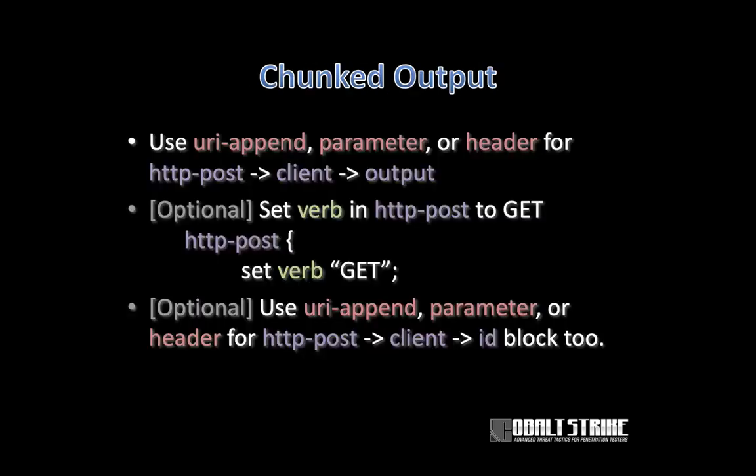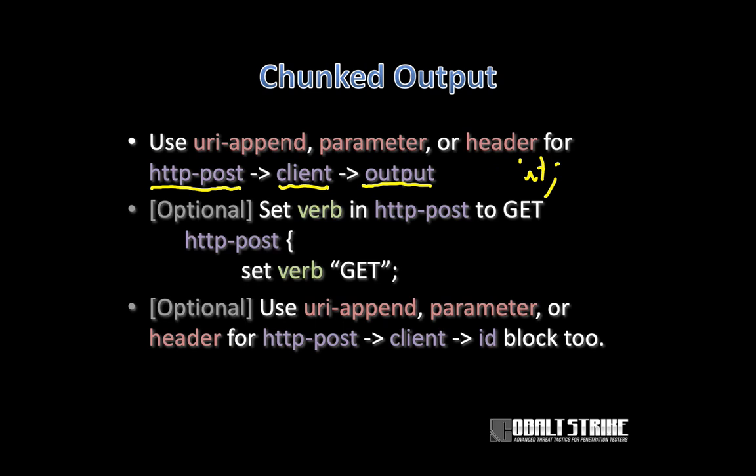The mechanism for get only C2 really has nothing to do with gets. In fact, I just call it chunked output internally. And here's how that works. Normally, the HTTP post client output block uses the print statement for its data termination statement. And that means post this data. So send it as the post output.